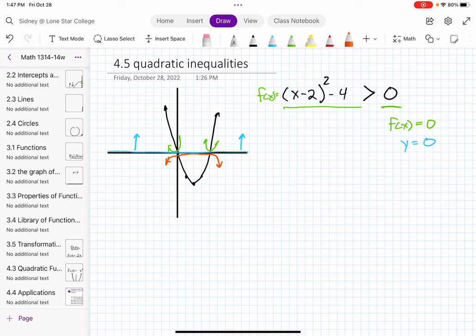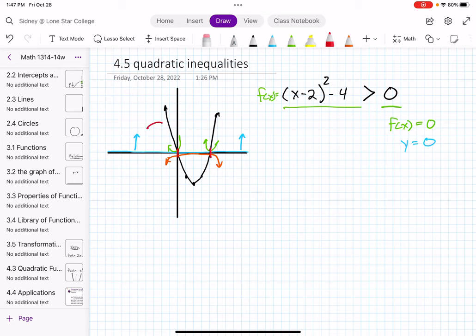This says (x minus 2) squared minus 4 is greater than 0. So we're looking for all the x values where this parabola is physically above the x-axis, physically above the line y equals 0. And so we identified these two green chunks that are above and all that orange stuff that's not. And when we ask this question, where is it above, we're asking for x values. And so if we look at these x values, these are the points where it changes.